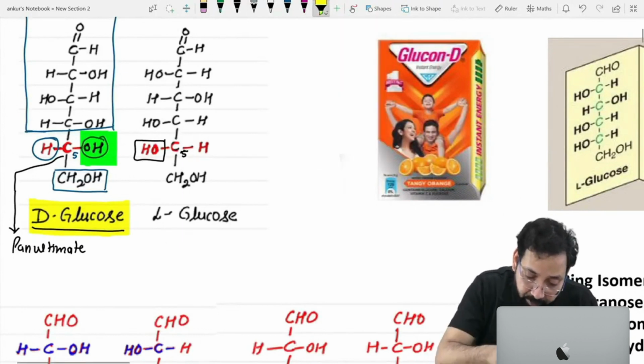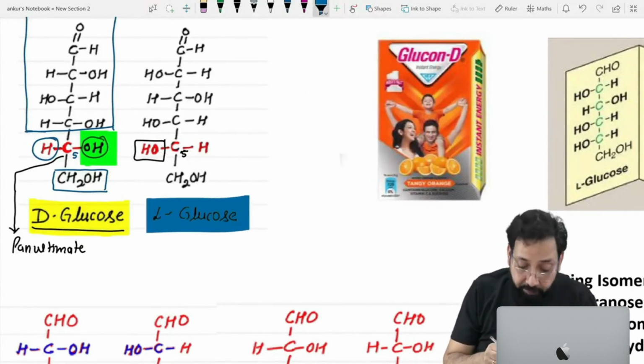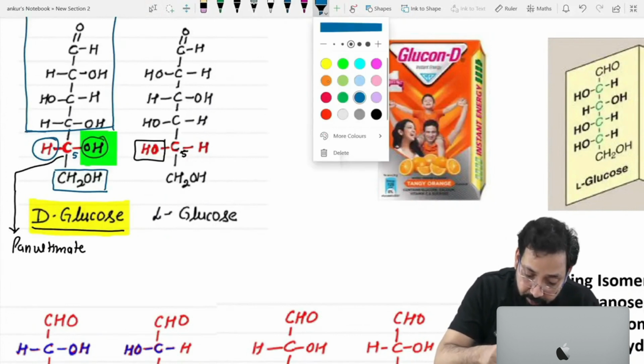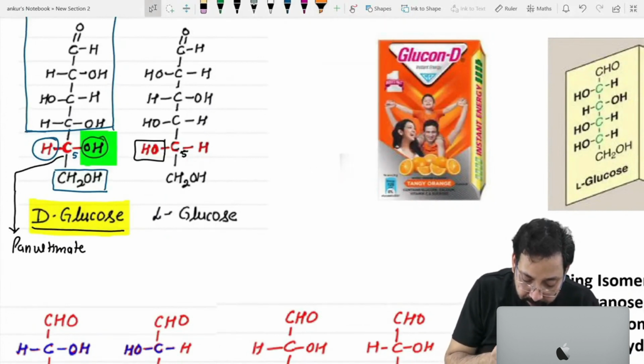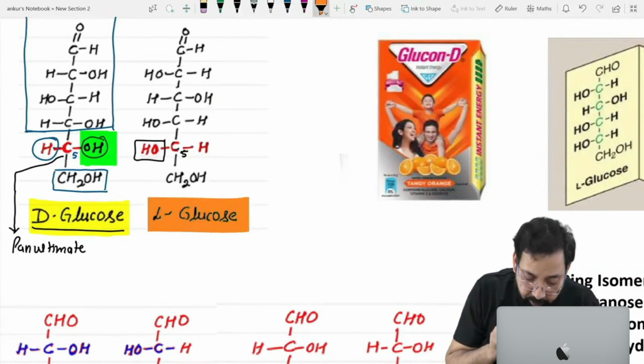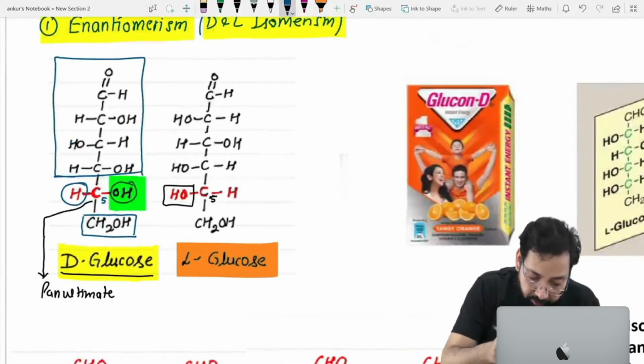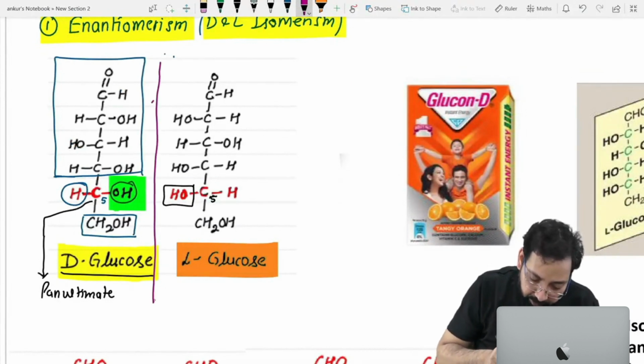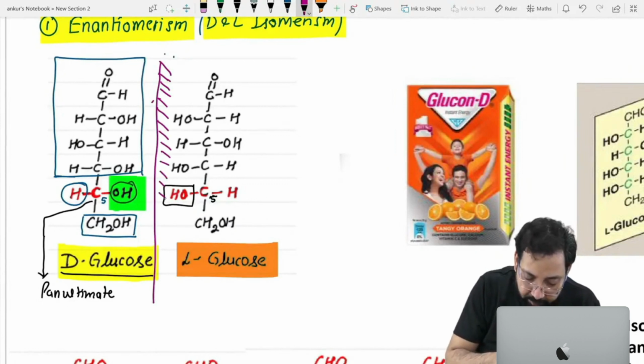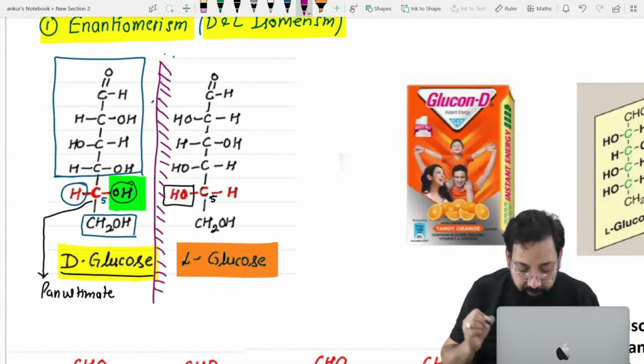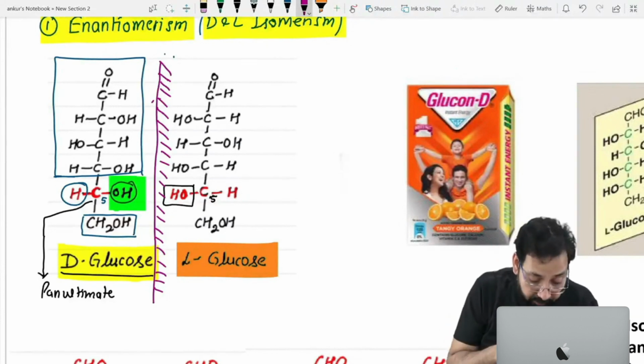If I put a mirror between these two compounds, capital D glucose and capital L glucose, you will see these are exactly mirror images.